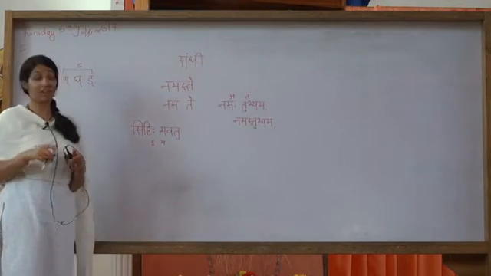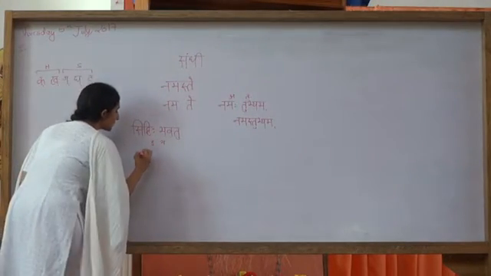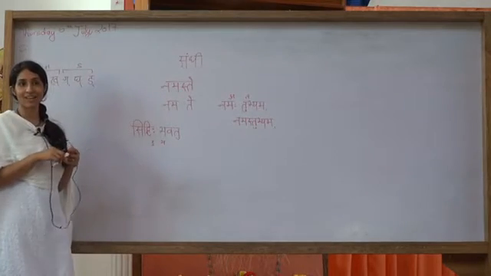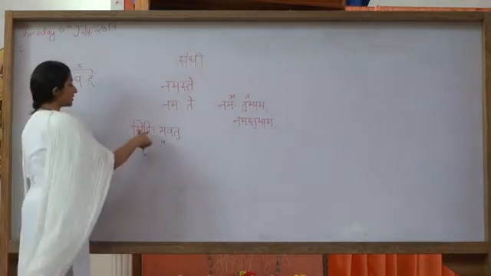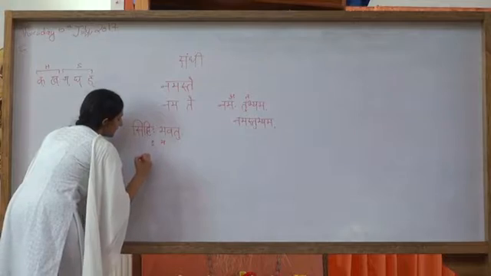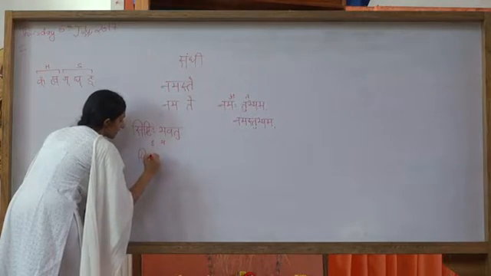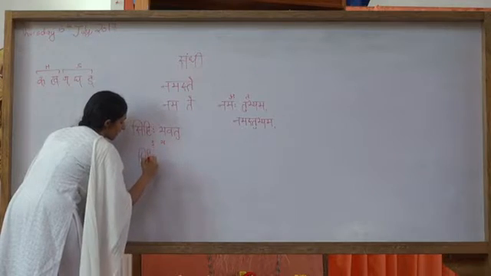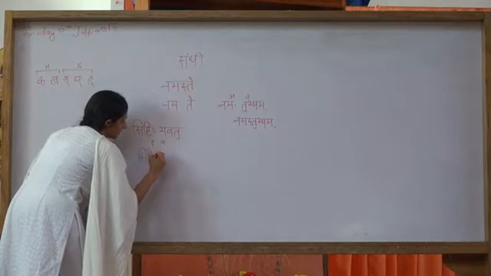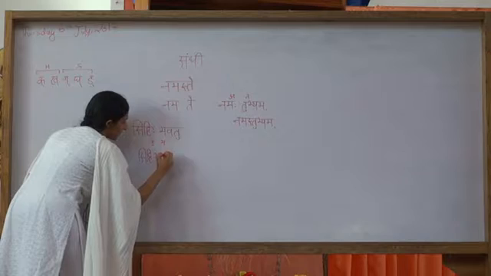It changes to a Ra halant, right? So then this will become, so this Visarga will change to a Ra halant and we'll get Siddhir Bhavatu.